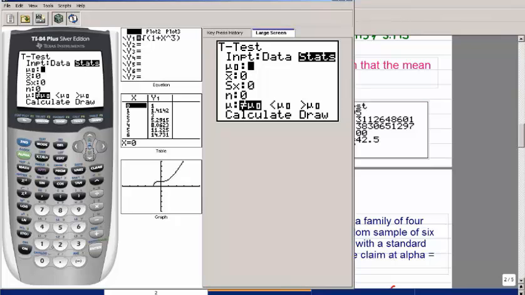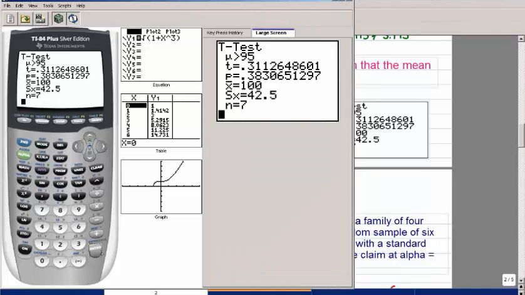The hypothesized mean was 95. The sample mean was 100. Standard deviation is 42.5. N is 7. Then we have to choose the alternative hypothesis statement, and it's greater than. Hit calculate. There we have it. There's your test statistic, 0.3113.